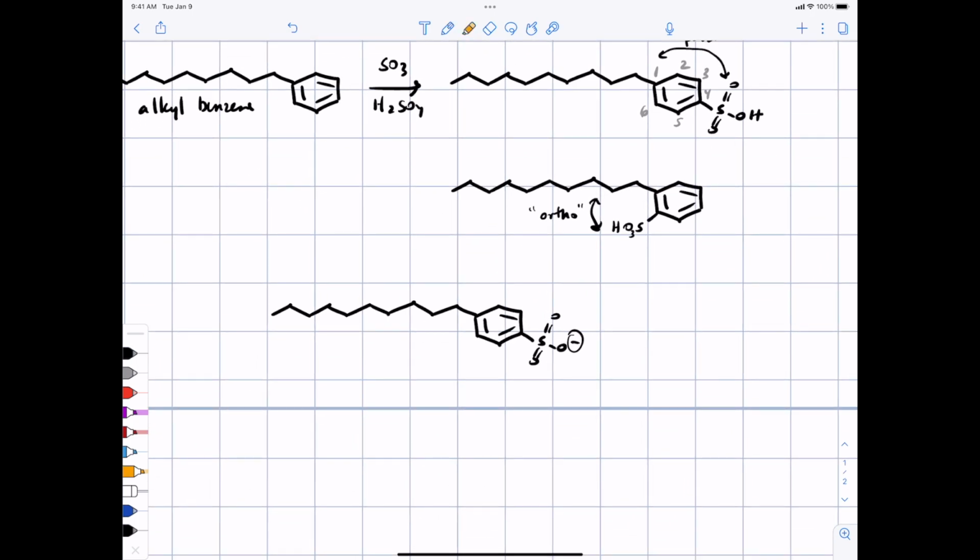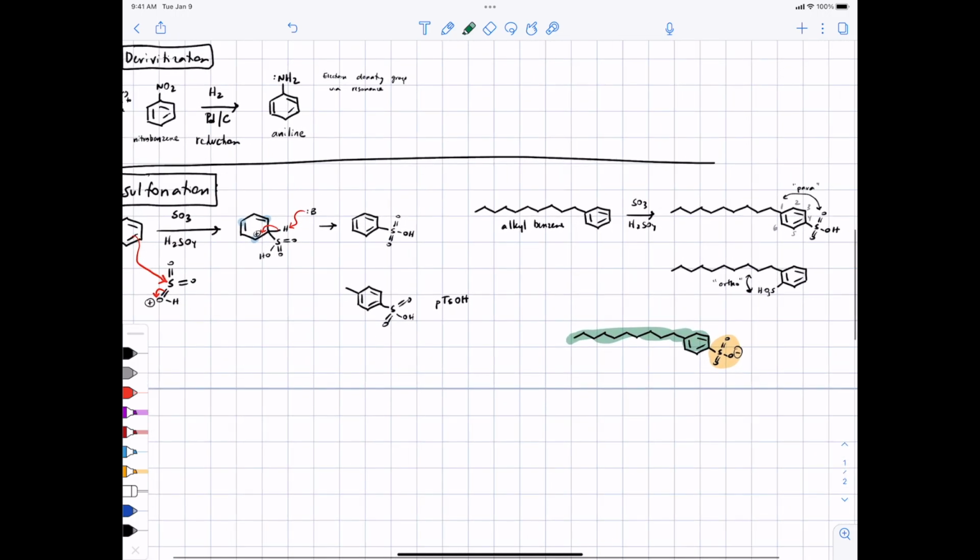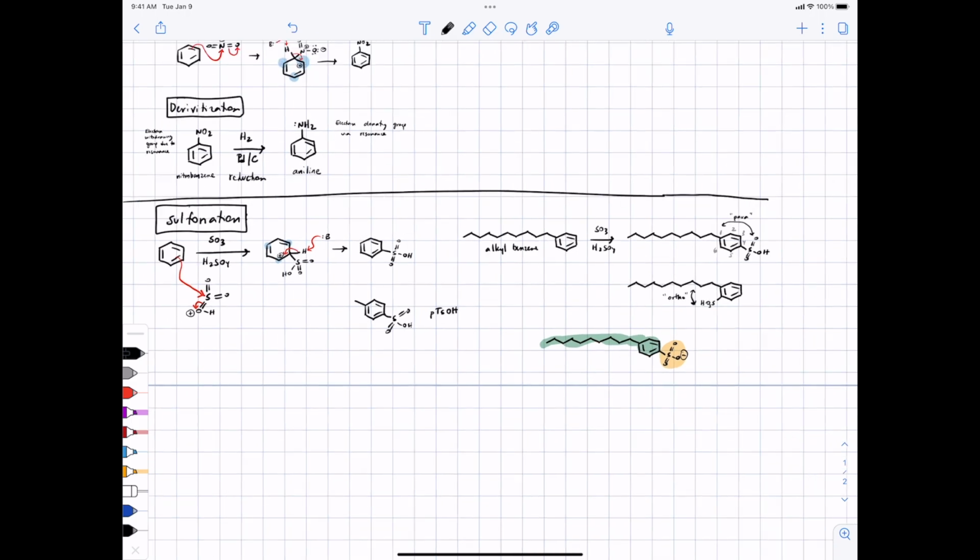And if you do that, you now have a polar head group and a non-polar tail, and there's your surfactant. We talked in 351 about making micelles out of things like this. And so that's an example of a soap that you can make. All right, sulfonation.